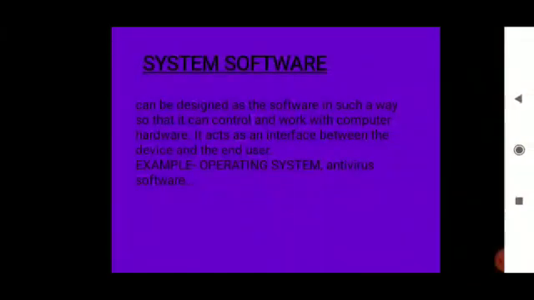For example, if you have a car and no driver is there, can the car run? No. For running the car, we need someone on the driving seat who can control and operate the car. In the same way, in a computer system, system software helps to operate the computer.